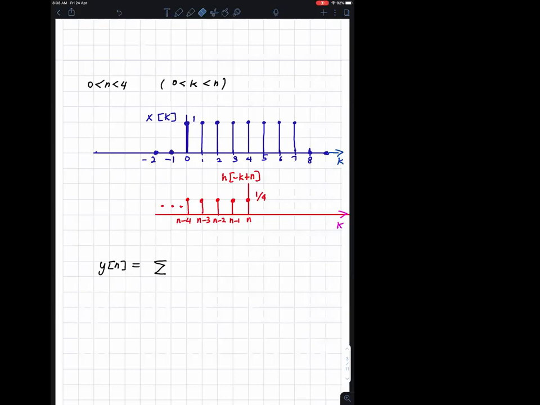K equals 0. The upper limit is n. We don't know n, so how are we going to evaluate this? It's going to be x[k] h[n minus k].